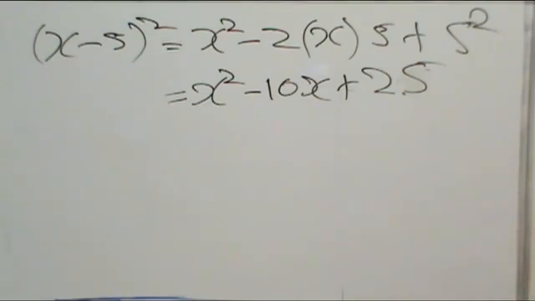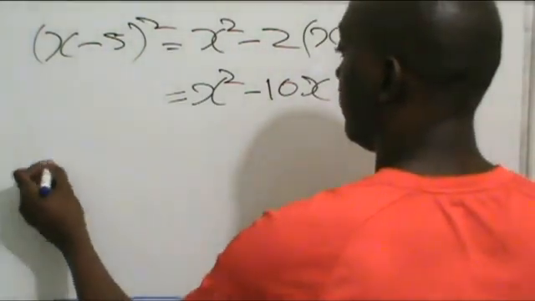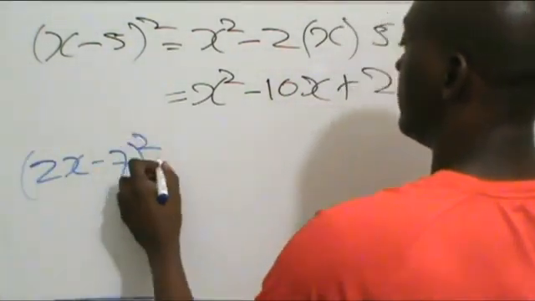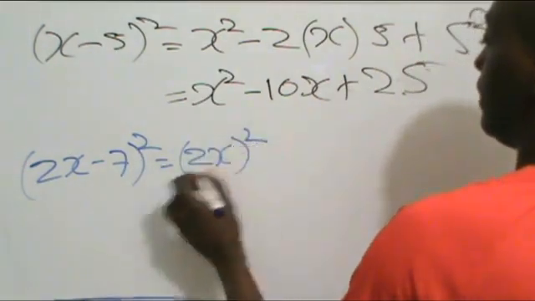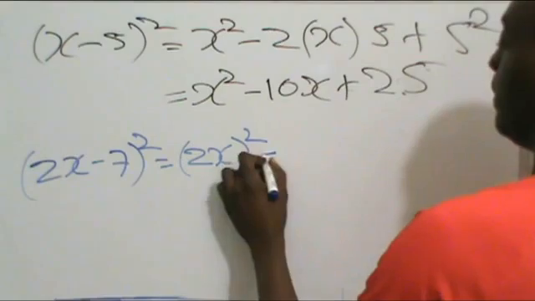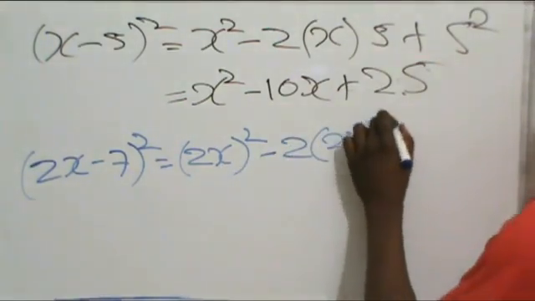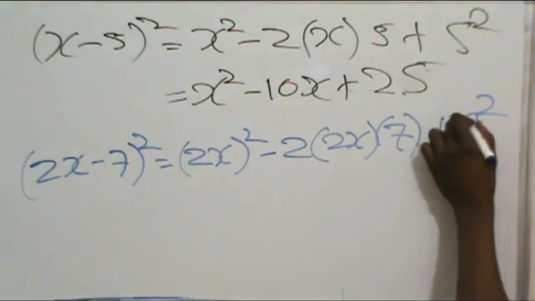We have 2x minus 7 to be squared. 2x minus 7 to be squared is equal to (2x) squared minus 2 by 2x by 7 plus 7 squared.